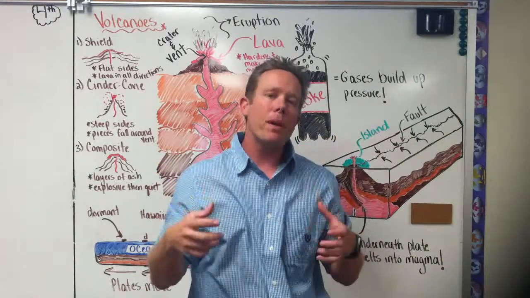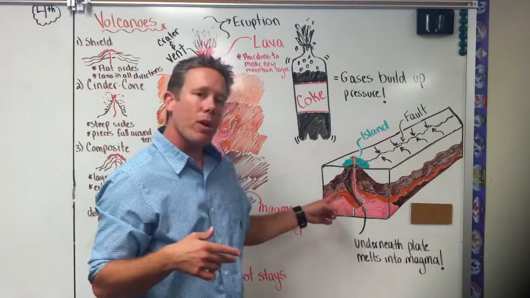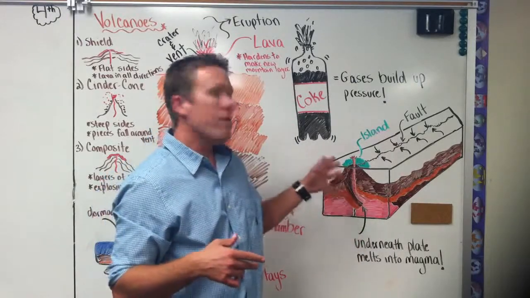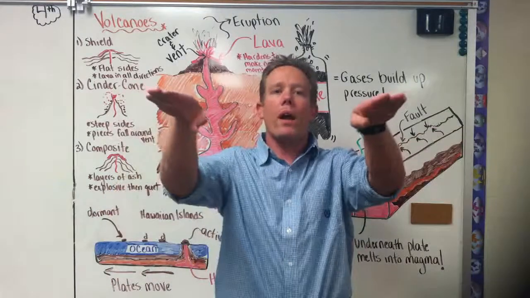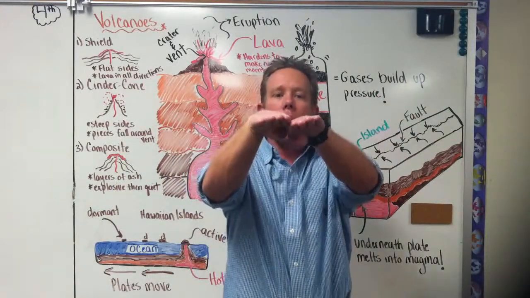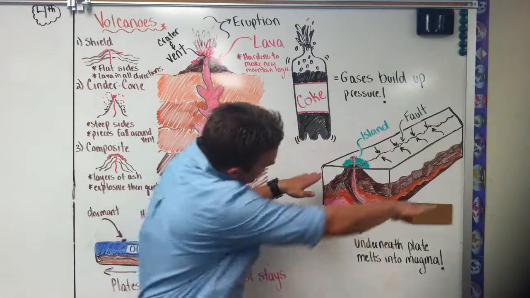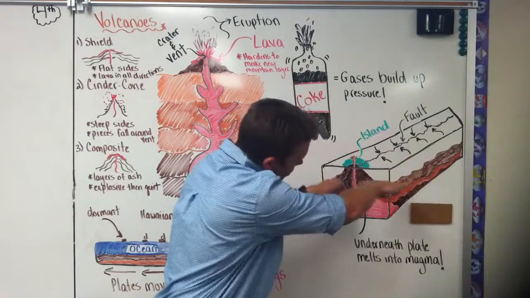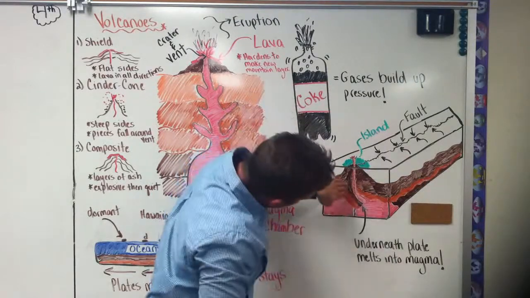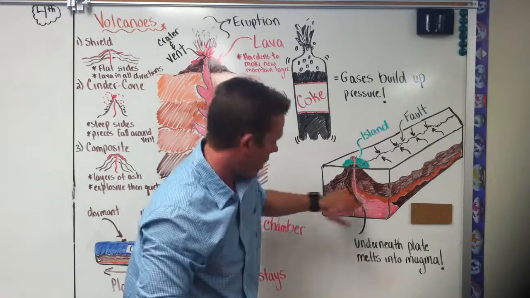So earthquakes typically form along fault lines. In this example here, the volcano is forming where two plates on a fault line are coming together, and one layer starts to go underneath. So you can see these two plates coming together, and this layer actually starts to dip underneath this layer.